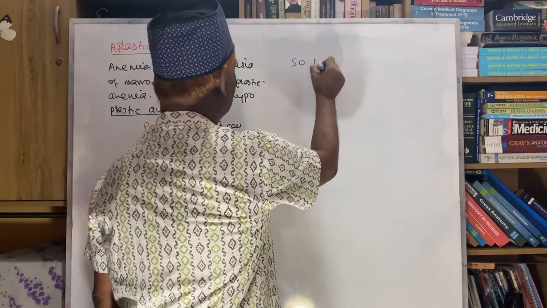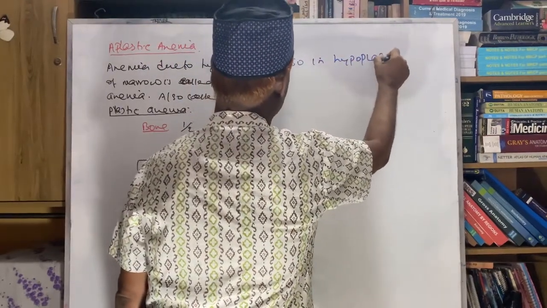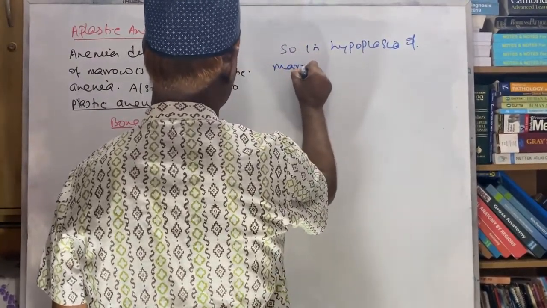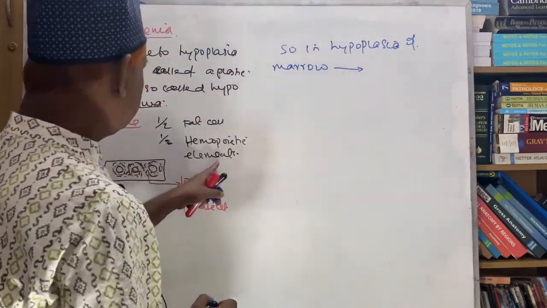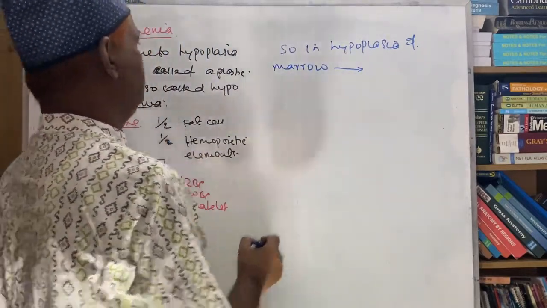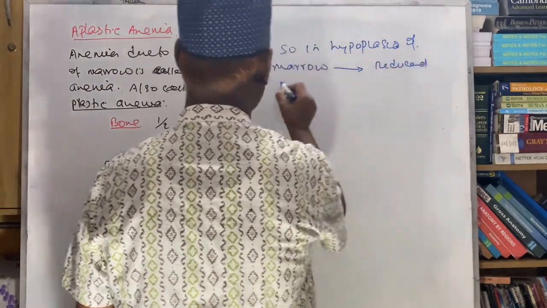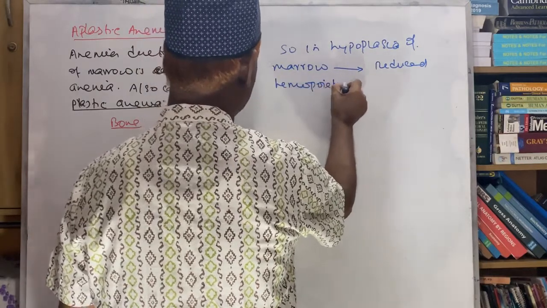So in hypoplasia of marrow, what happens? The decreased or reduced hemopoietic element.